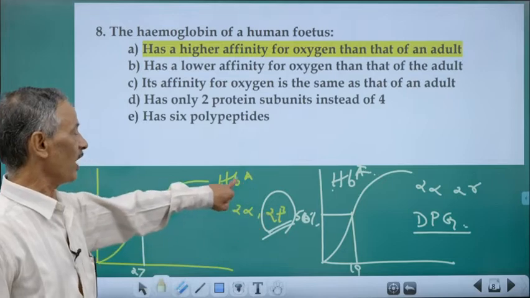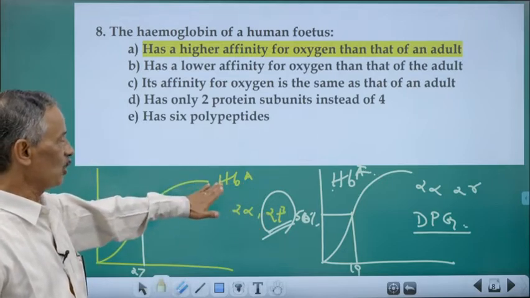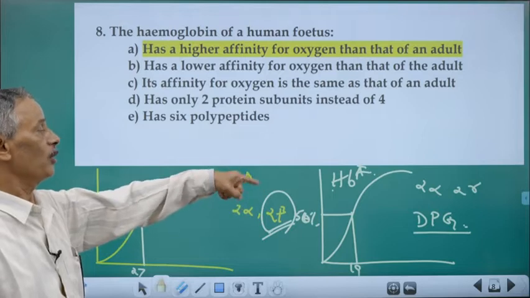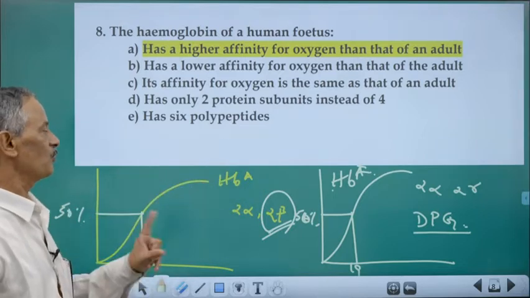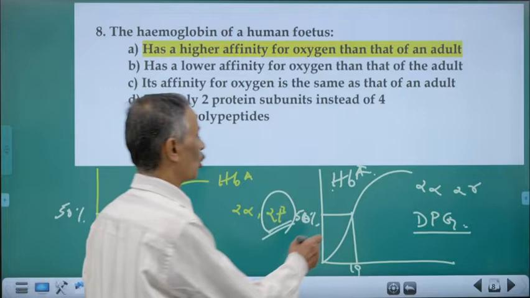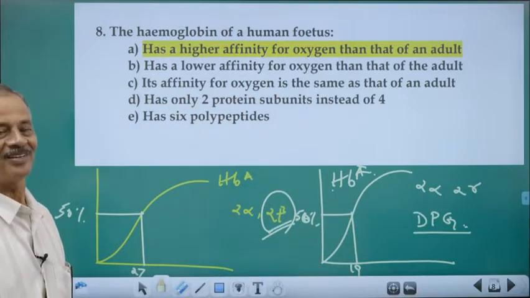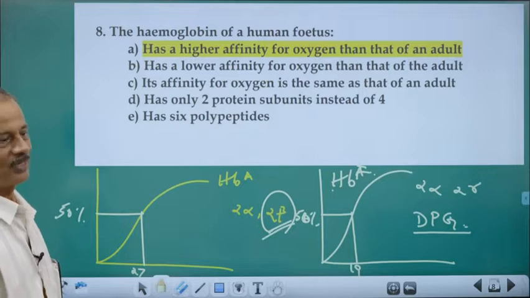So DPG has a negative influence on HbA but no influence on the hemoglobin of fetus, because in fetal hemoglobin there is no beta chain. Okay.